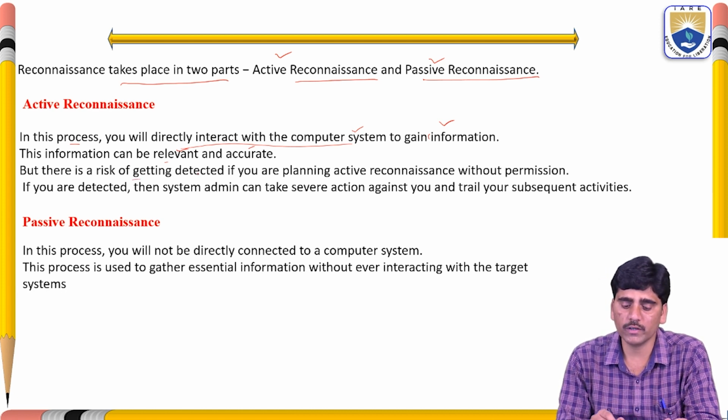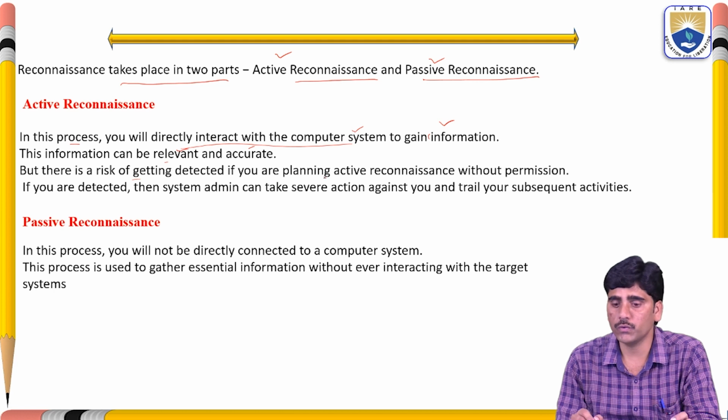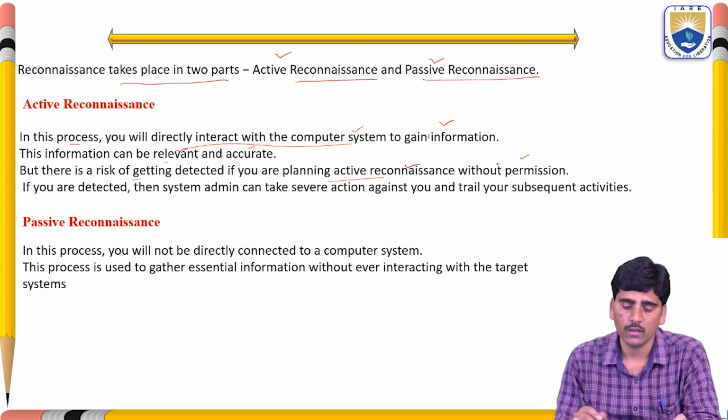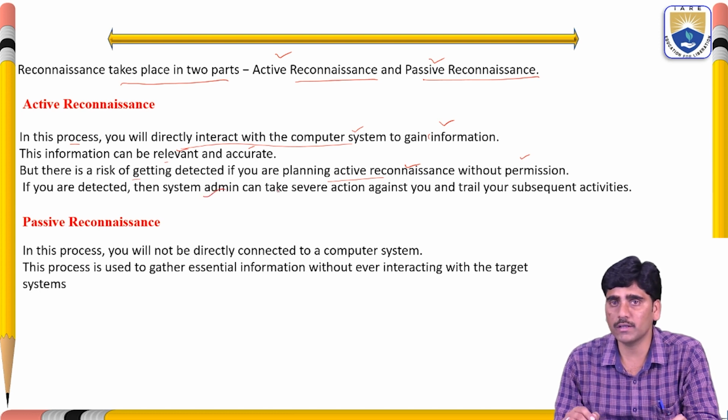But there is a risk of getting detected if you are doing active reconnaissance without permission. If we are detected, then the system admin can take severe action against you and trail your subsequent activities.